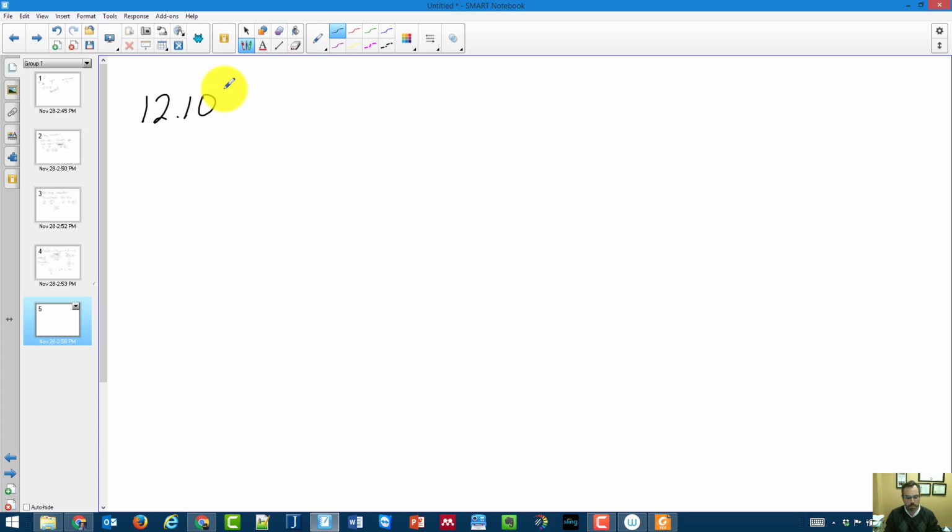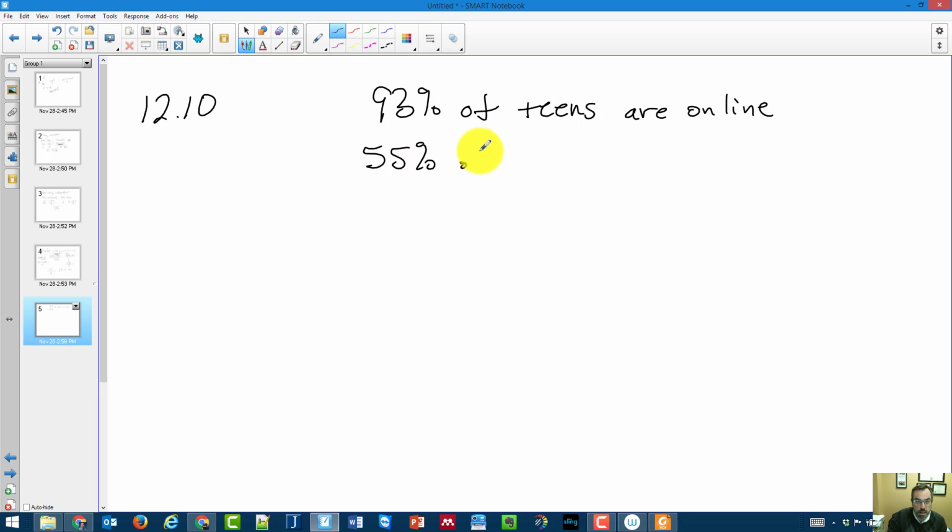All right, so now I want to explain 12.10 again, and I want you to pay really close attention. In 12.10 it says that 93% of teens are online. Now look at the word choice for this next one. It says that 55% of online teens have posted to a social networking site.